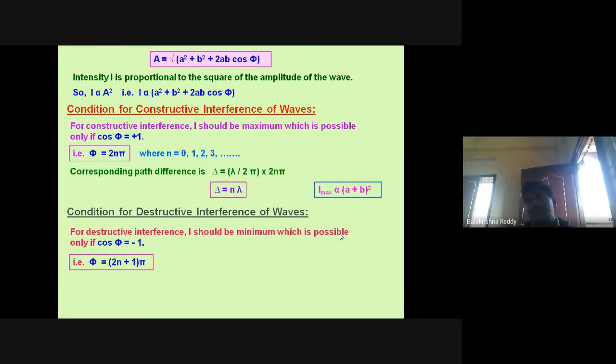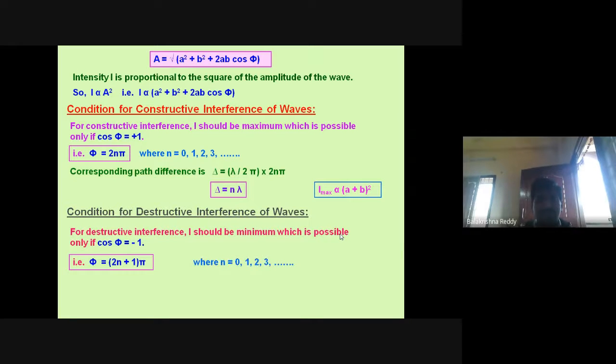The sum of the two wave amplitudes, squared, gives us the maximum intensity. At the same time, the subtraction of the two wave amplitudes, squared, gives us the minimum intensity, which we call destructive interference. So for them, there is a condition. For constructive interference, the path difference must always be n times the wavelength.